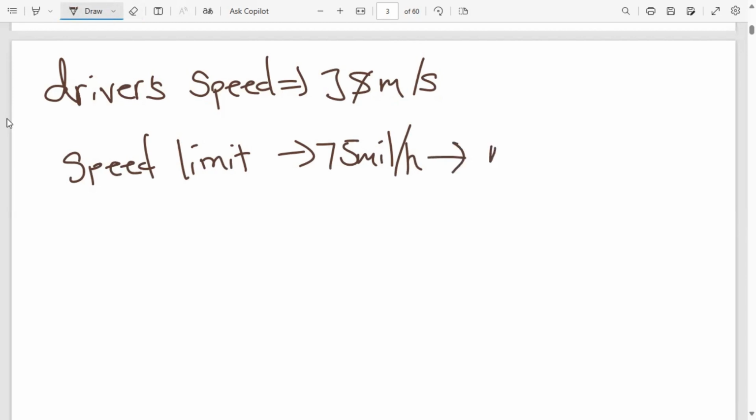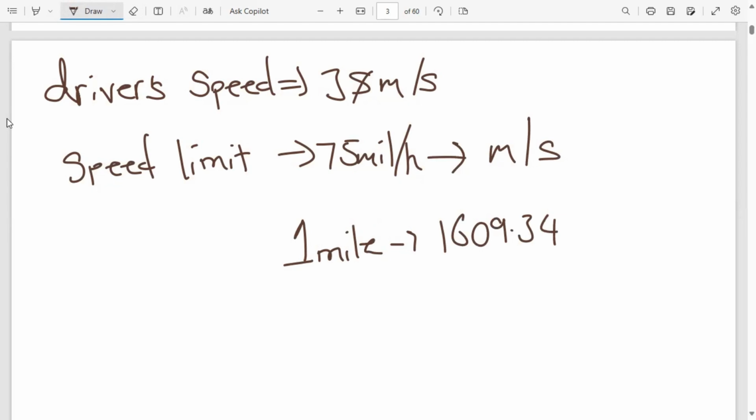We're going to convert these into meters per second. The direct conversion factor from miles to meters is: 1 mile is equal to 1609.34 meters.